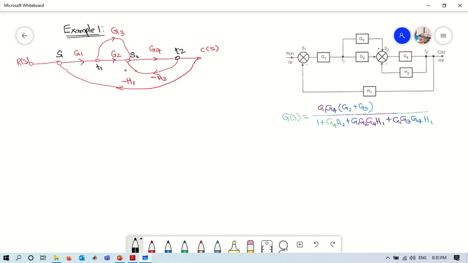So now in this I am going to find out what are the forward paths and the feedback paths that are available between the input and the output.